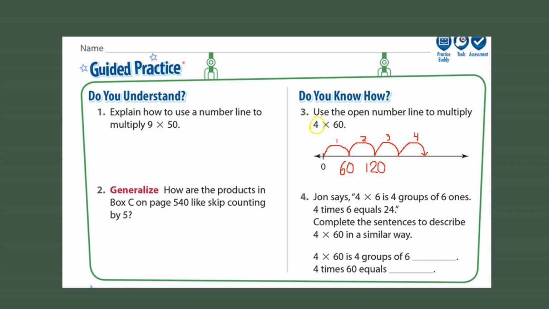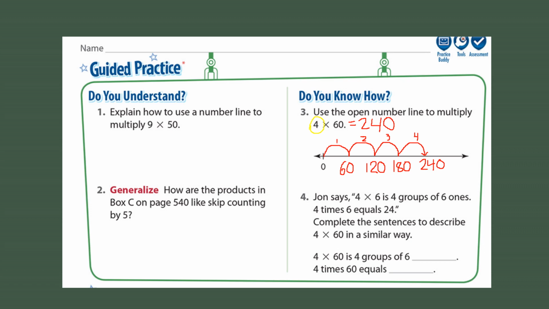Add 60 to that, we get 180. Add 60 to that, we get 240. So 4 times 60 equals 240. Cool.